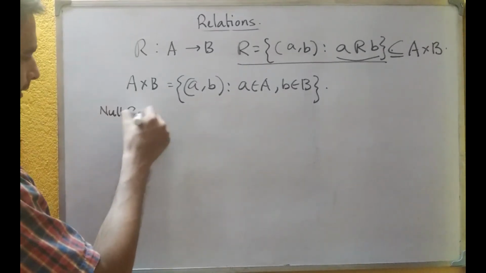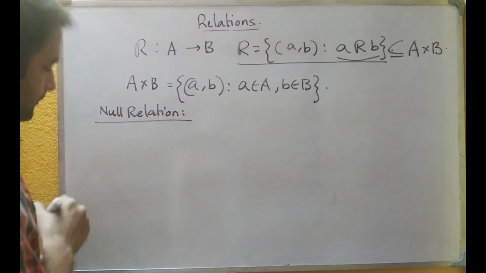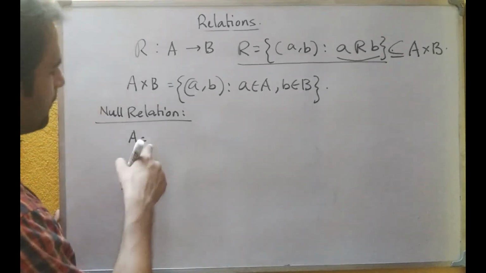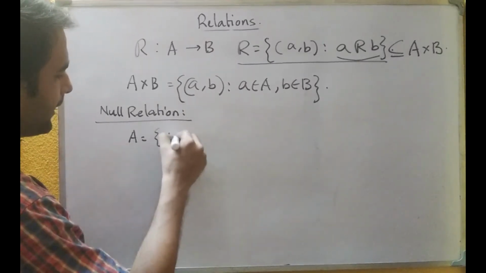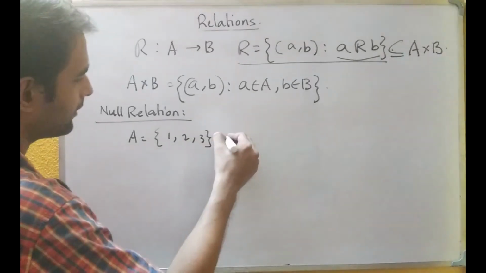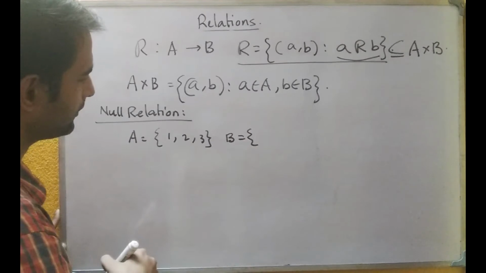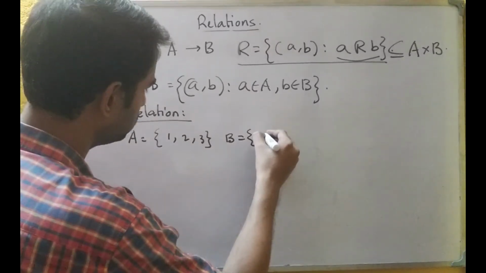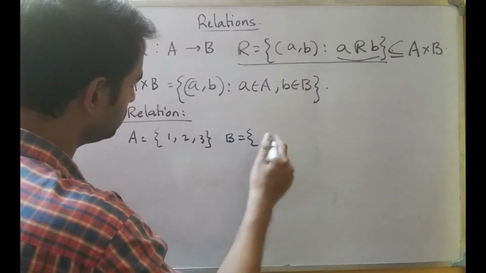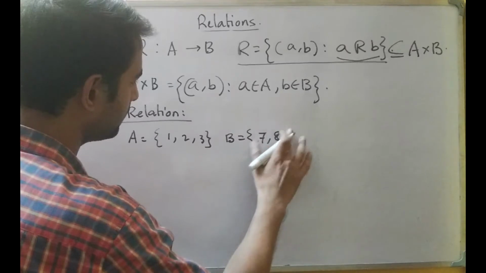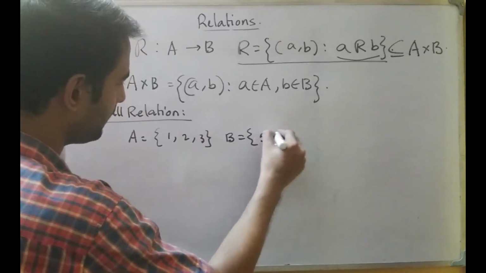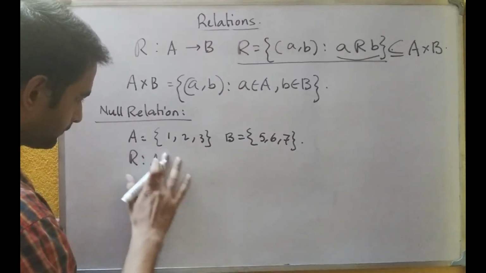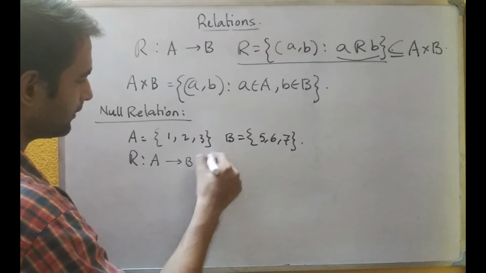So for a null relation, let us take this example. Suppose we take the set A as 1, 2, 3, and in B we take the elements 5, 6, 7, and we define the relation R from A to B as this.